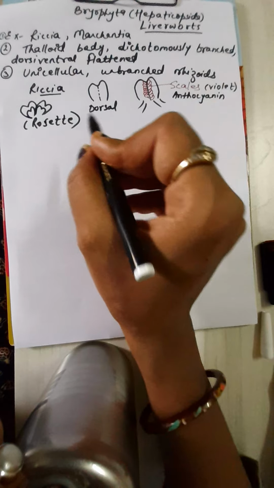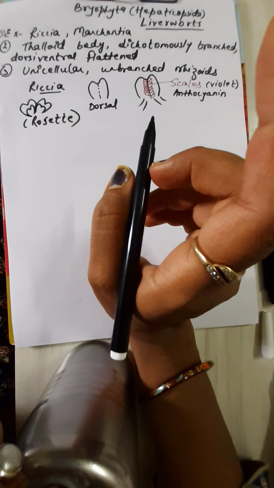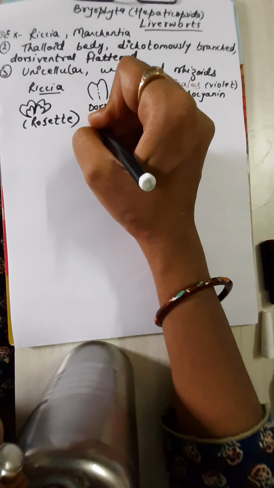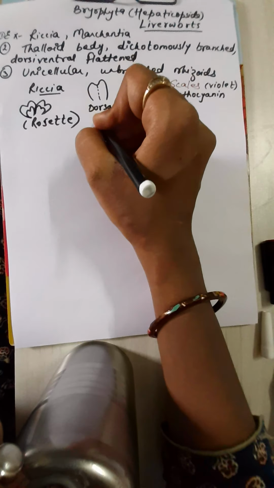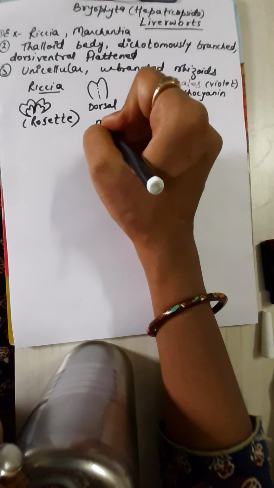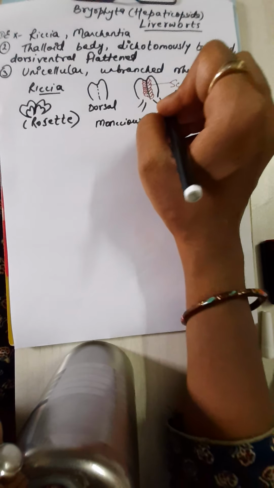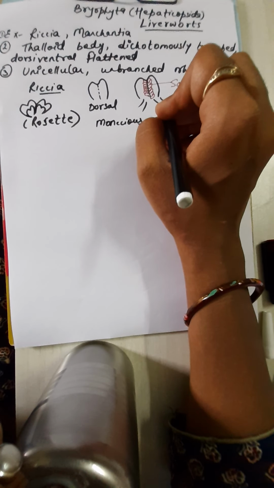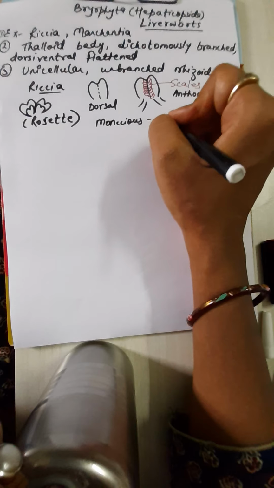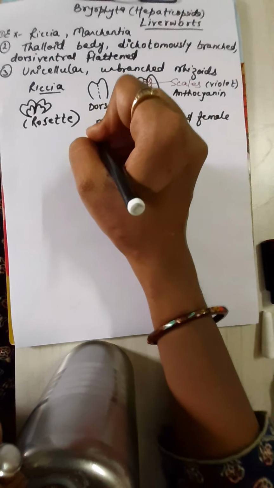So this is all about Riccia. And one more thing, it is monoecious. Riccia is monoecious. Monoecious means male and female reproductive organs on the same thallus.